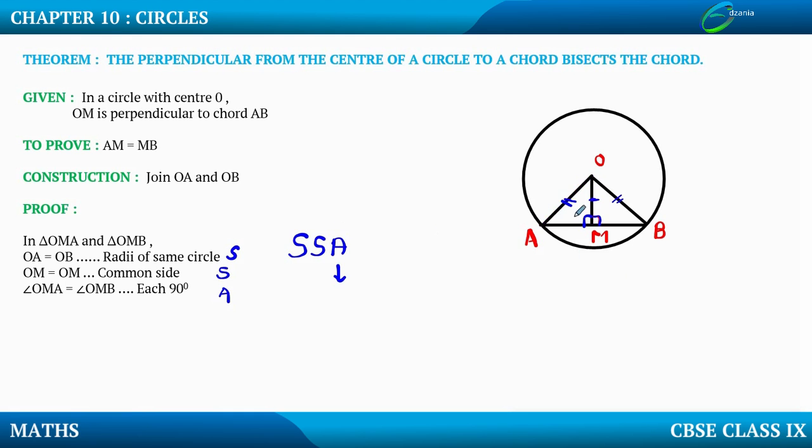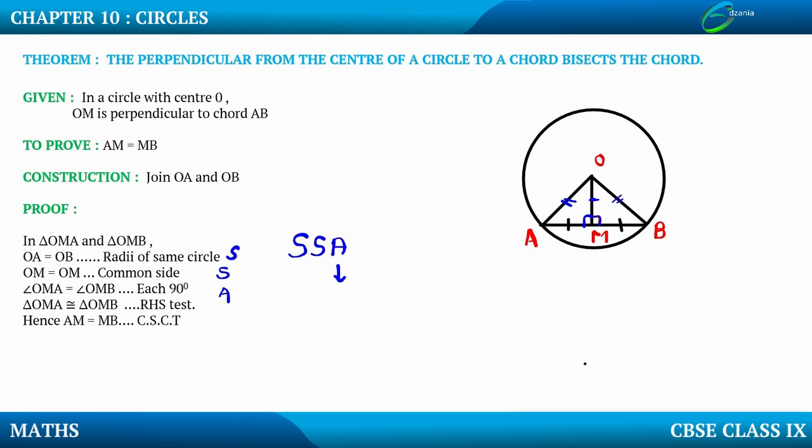So since the angle is 90 degrees over here, we say that triangle OMA and triangle OMB are congruent by RHS test. What is this RHS? RHS means Right angle, Hypotenuse and Side test. Therefore now we can say that the remaining parts are equal, that is AM is equal to MB, by CPCT. You can clearly see here AM will be equal to MB now, because corresponding parts of congruent triangles are equal.